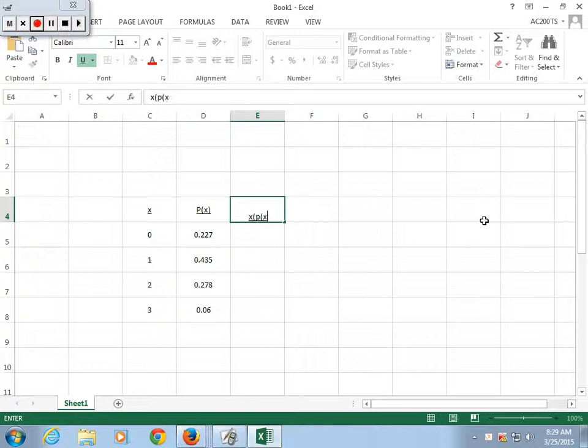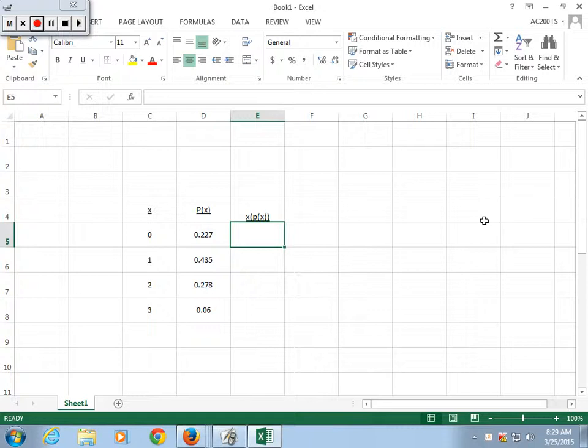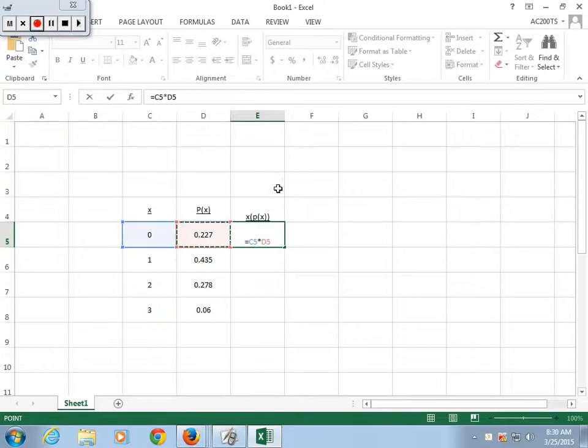P of X. So that's going to be equal to that times that.